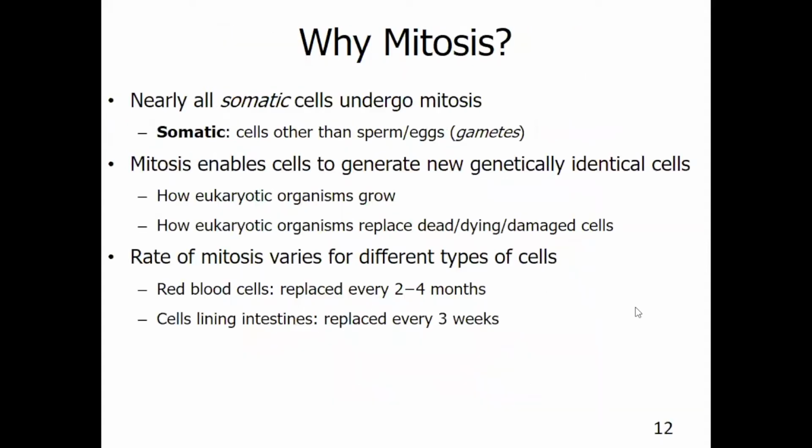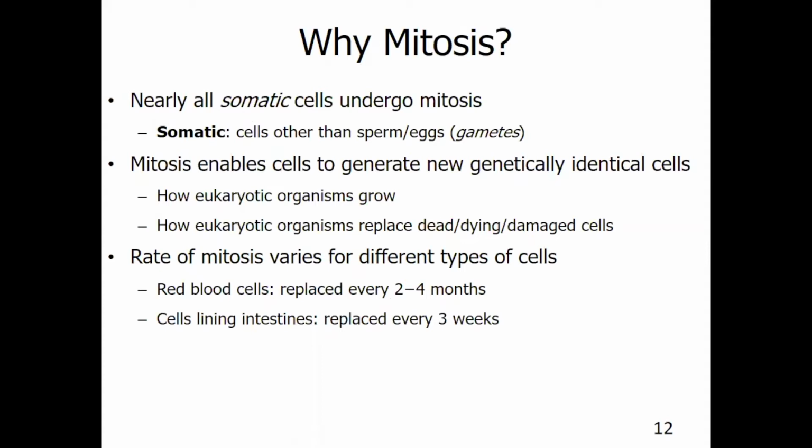So before we get into the stages of mitosis, I want to talk a little bit about why cells need to undergo mitosis. Most of all your body cells, and the fancy name for body cells is somatic cells, divide using mitosis.